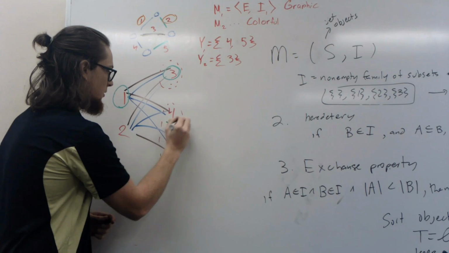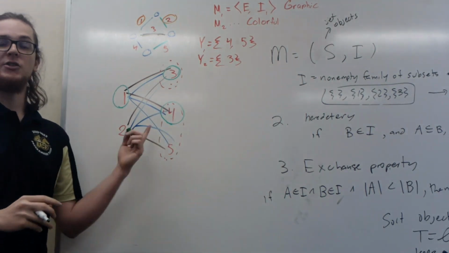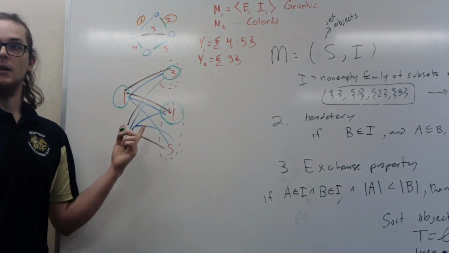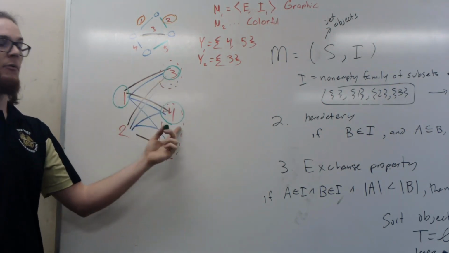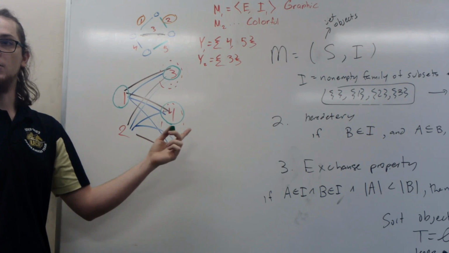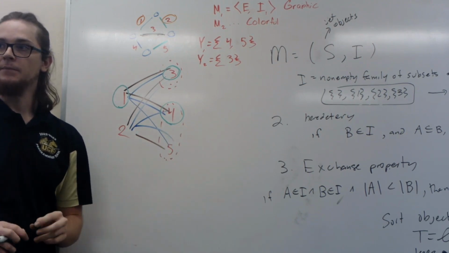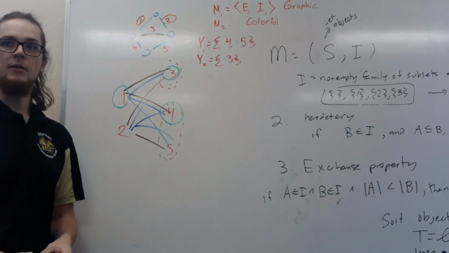So this is cool. Now we have actually found a way to increase the size of our independent set. We add 3, we delete 1, and we add 4. So we've added 2 and deleted 1. We got a +1. So this is an augmenting path.